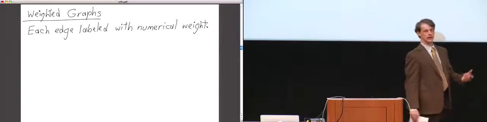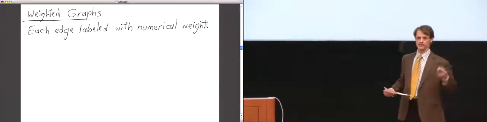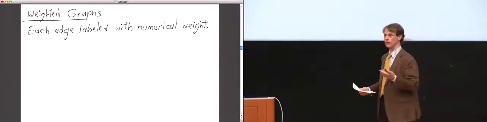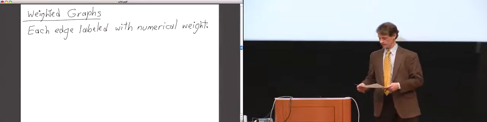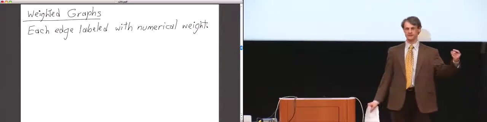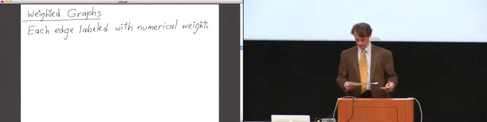That weight might express the distance between two nodes. It might express the amount of capacity that can flow through a pipe going from one location to another. It might reflect the cost of flying from one city to another, any number of things.